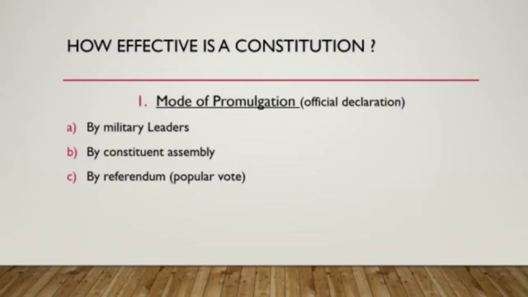So making of constitution is a complicated process, and that process also affects the effectiveness of constitution. If the constitution is made by constituent assembly, that is the most effective constitution in the world.